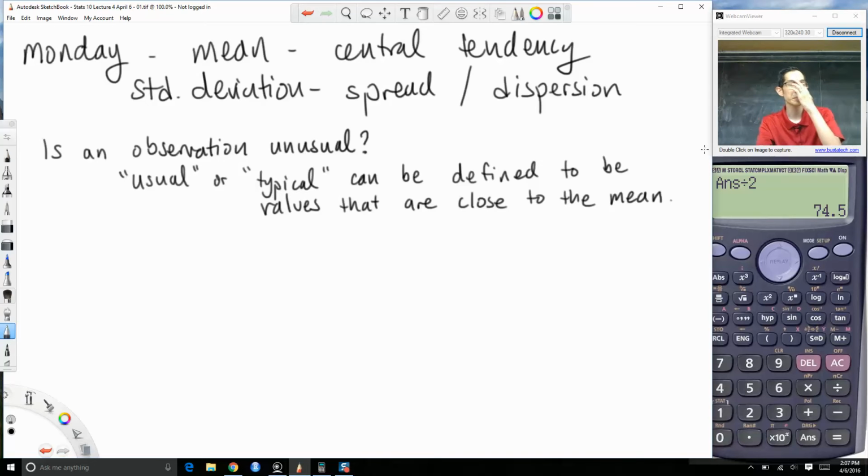A lot of people are between the heights of 5 feet tall and 6 feet tall, and this would be the range of what might be considered usual.